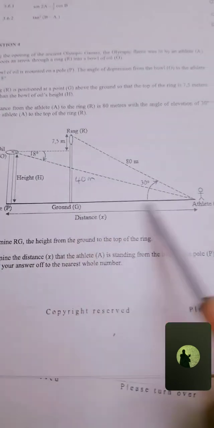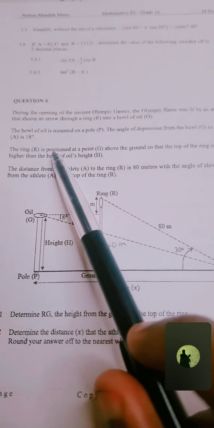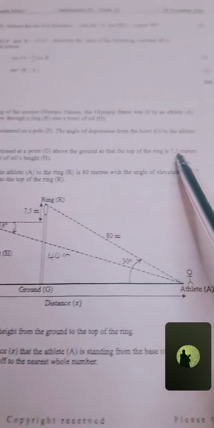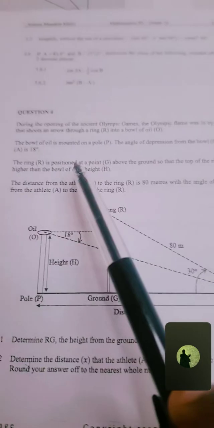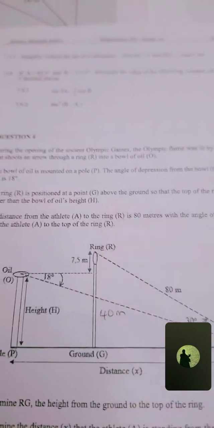And maybe some people will be wondering, but sir, how did you know that this is a right angle triangle? Remember, guys, they said that the ring is positioned at a point above the ground, so that the top of the ring is 7.5 meters higher than the ball of the oar's height, right?